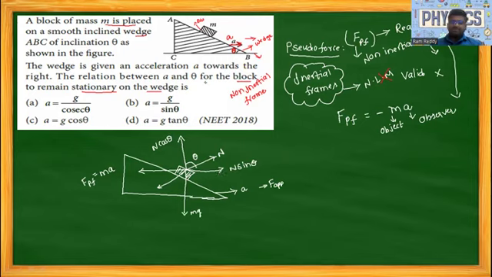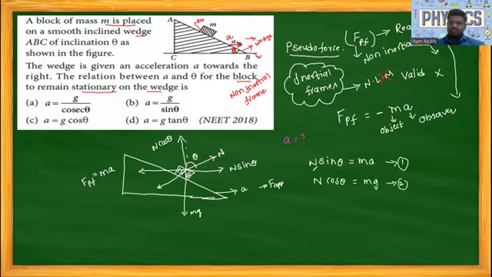Now what do we need to find? We need to find the acceleration. From the free body diagram, we can equate the horizontal forces and vertical forces. Horizontal, equation 1: n sin theta is equal to m into a. Vertical, equation 2: n cos theta is equal to m into g.